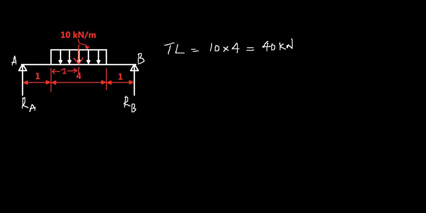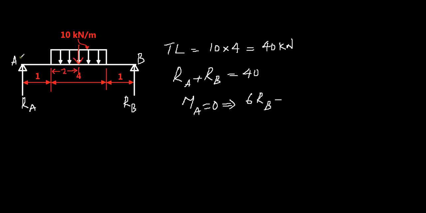From the equations of equilibrium, we have Ra plus Rb is equal to 40, and moment about A, if you take moment about the point A, you have total distance to B is 6, so moment about A equal to 0 gives 6 Rb minus 40 kilonewton acting at 2 plus 1, 3 meter from A, acting downward and therefore creating a clockwise moment opposite to the anti-clockwise moment created by Rb.